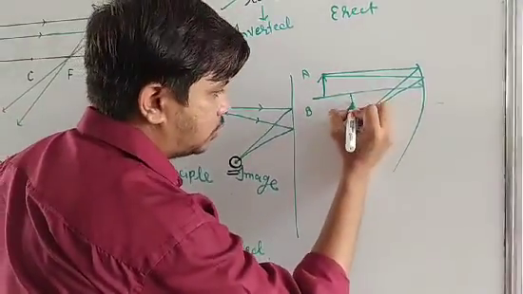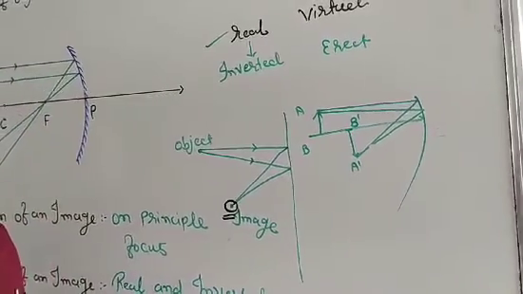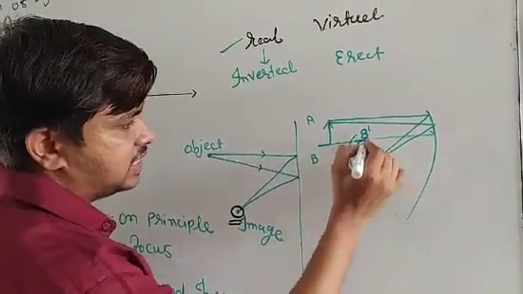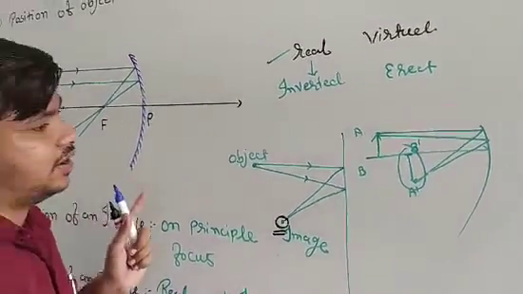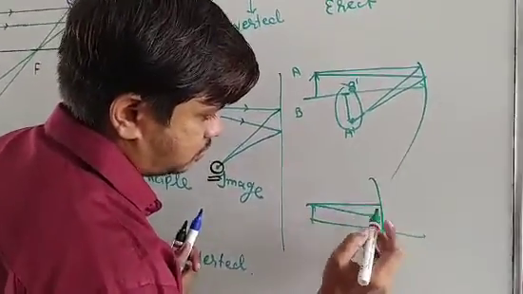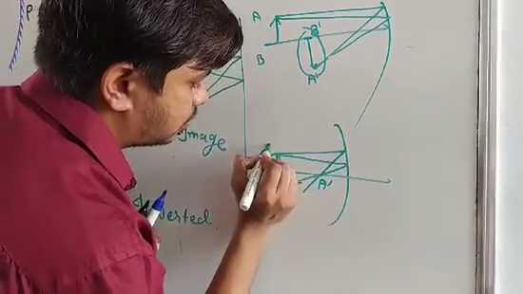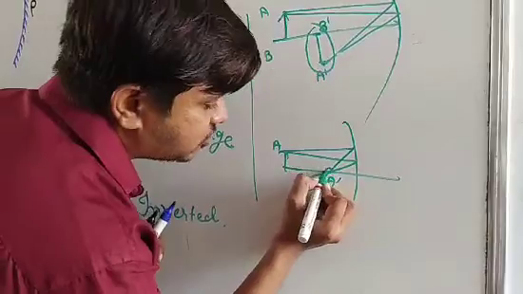And you have to extend it towards the ground, then you get the foot point. And you say that here is the image. But here, the head is here and the foot is always on this point.